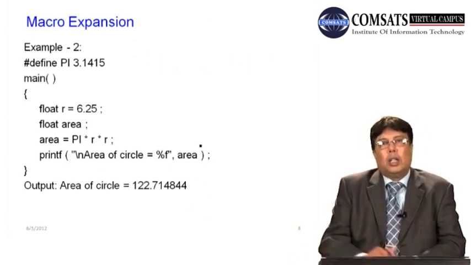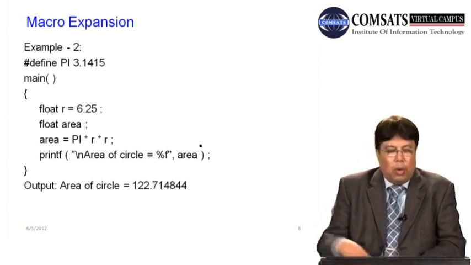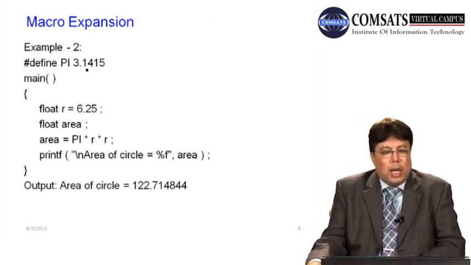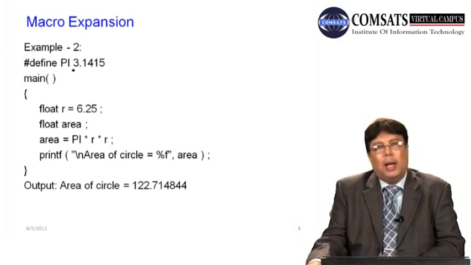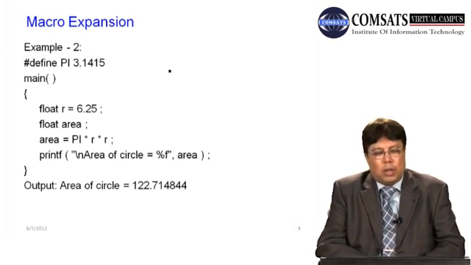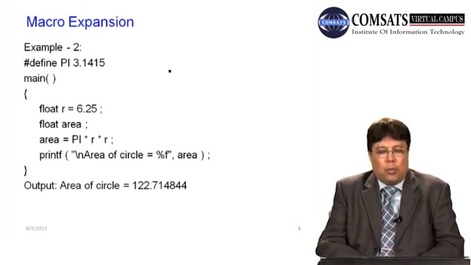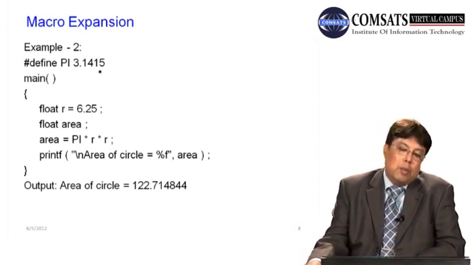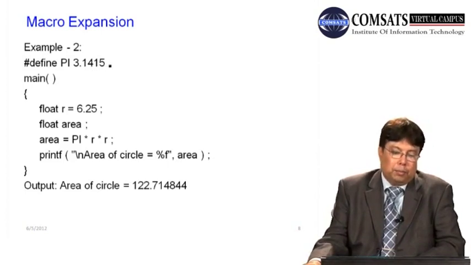I'll give you the justification also, but before that I would like to use another example in which we have defined the value of pi. You know what is the value of pi? It is 22 by 7. And if we resolve 22 by 7 up to 4 decimal places, it is 3.1415.